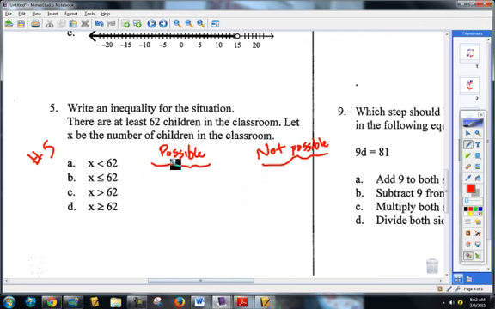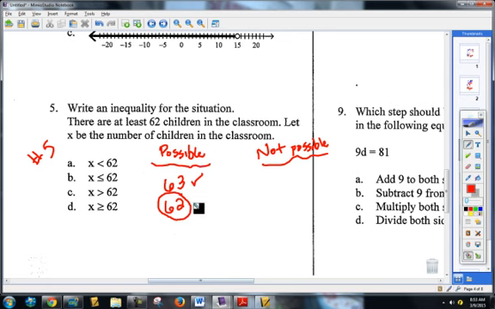Okay? Give me some amounts that there could be in that classroom. Since it's at least 62 people, how many people could be in that classroom? How many kids? Jacob? There could be 63. Okay, what's another amount? Yes? Oh, there could be 62, which I'm going to circle that one because that's the important one.